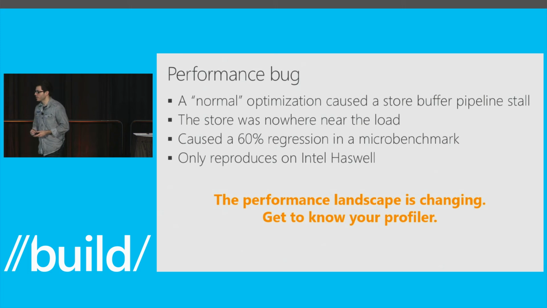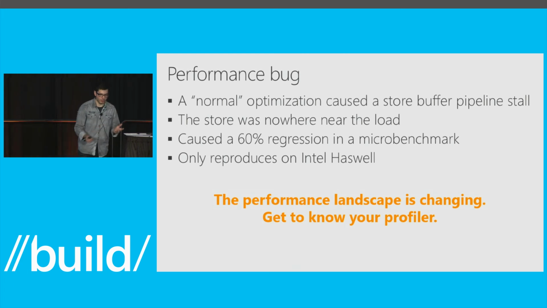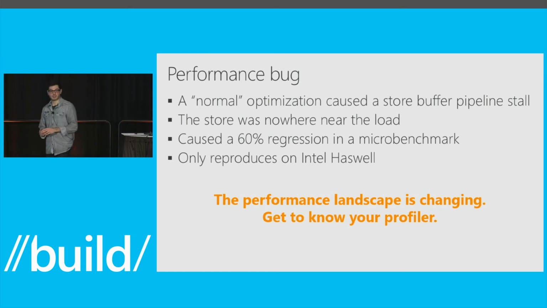We can't just think about a single function. We can't just think about normal, old-fashioned multiplies and adds anymore. There's a lot more going on. And the only way to move forward in a sane way is to get to know your profiler, to get good using VTune, get good using CodeXL, get good, where it's appropriate, at using the Visual Studio Performance Analyzer. It's the only thing that's going to help you get through this type of stuff.